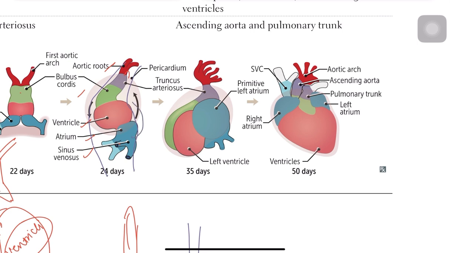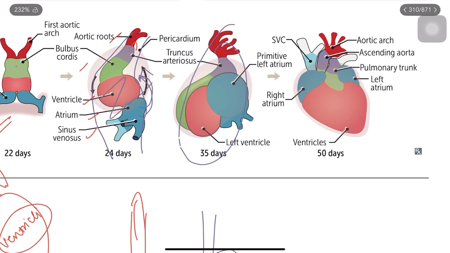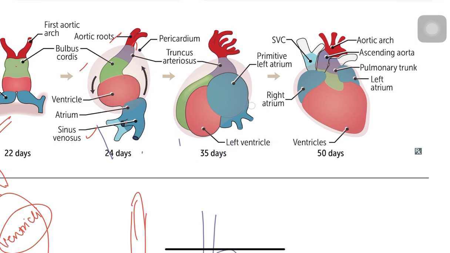The atria go backward, posteriorly, whereas the ventricle will be more anterior. As the sinus venosus and the primitive atrium grow posteriorly, the ventricle will be pushed anteriorly. See, this is the structure. Hope you understand this, because this is the cardinal movement for understanding this concept.